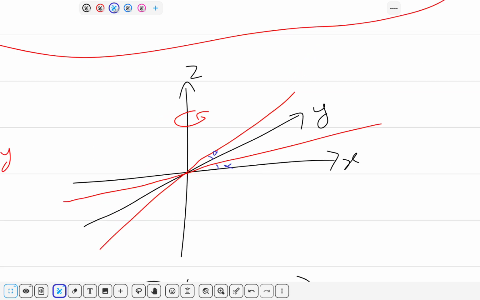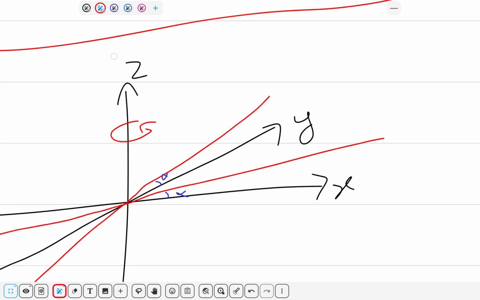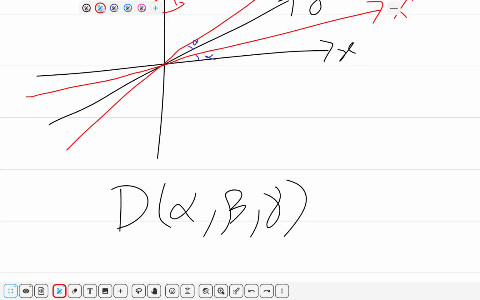Now in this new rotated coordinate system, the z-axis remains as it is, but x becomes x prime and y becomes y prime. My x and y axes got shifted, but z stays as it is. Then you take beta.